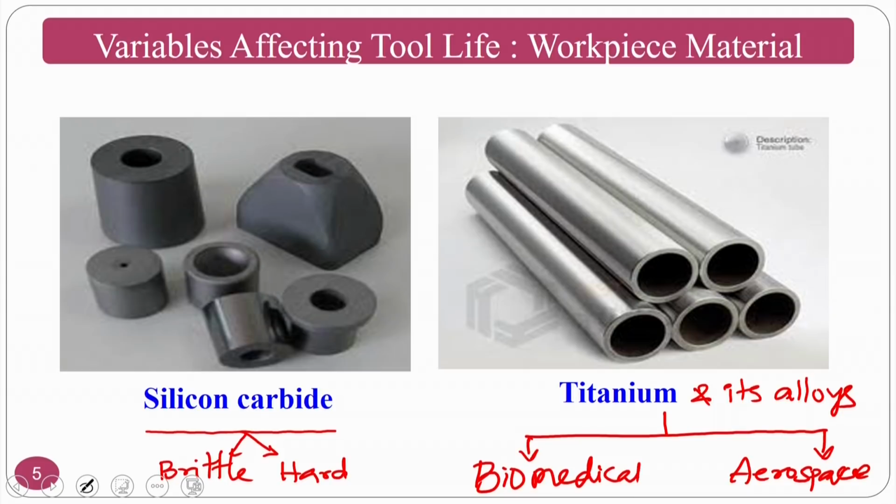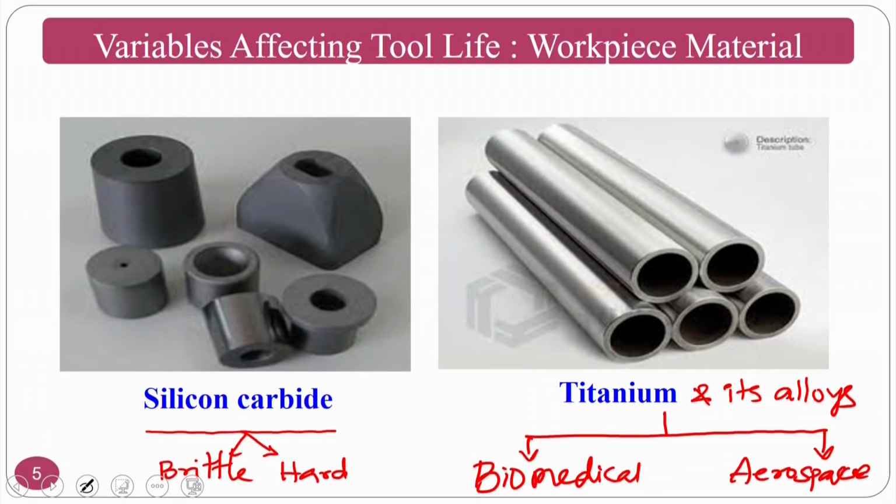We will come across how these are machined in an elaborative way in upcoming classes. However, I will show you a glimpse just to introduce these materials in this class. So that's about the advanced materials.